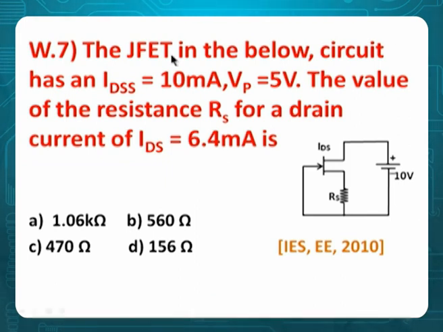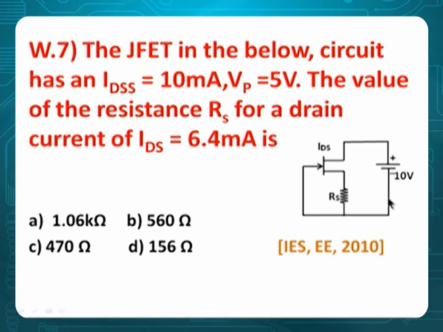The JFET in the below circuit has IDSS of 10 milli, VP is 5. The value of the resistance RS for a drain current IDS of 6.4 milliamperes. IDS is the current in the drain. Actually, current we always show with one terminal, but only in FETs we show two terminals. Because the same current is flowing in both the drain and source.